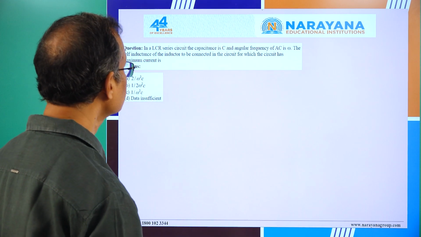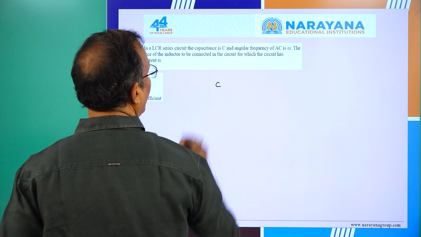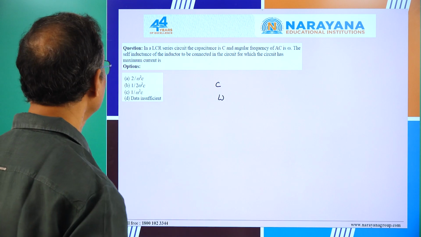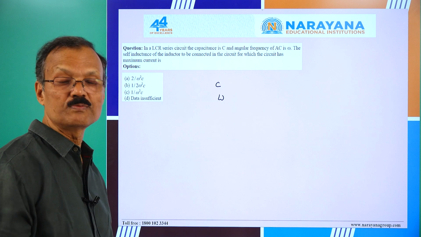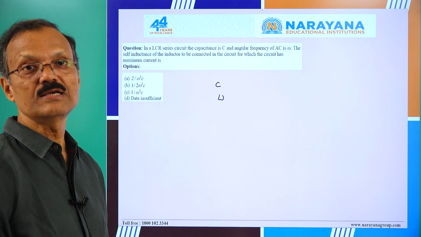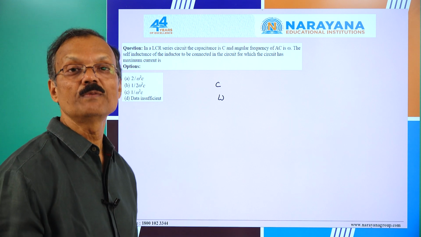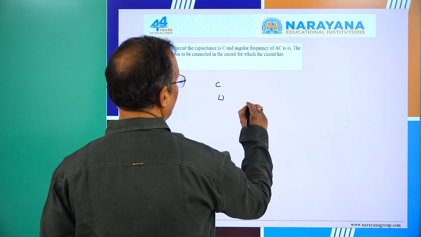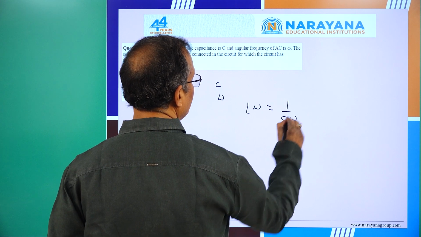In an LCR circuit, capacitance is C. Angular frequency they have given omega. Self-inductance for having maximum current. You know that for maximum current, L omega must be equal to 1 by C omega. Current will be maximum when net impedance will be equal to resistance of the circuit. So you will have L omega equal to 1 by C omega.